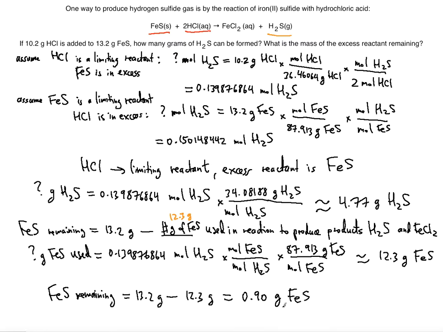So this is the mass of the excess reactant remaining, and the excess reactant is the FeS, right? This is the unused number of grams of FeS, right? Not used in the production of the products.